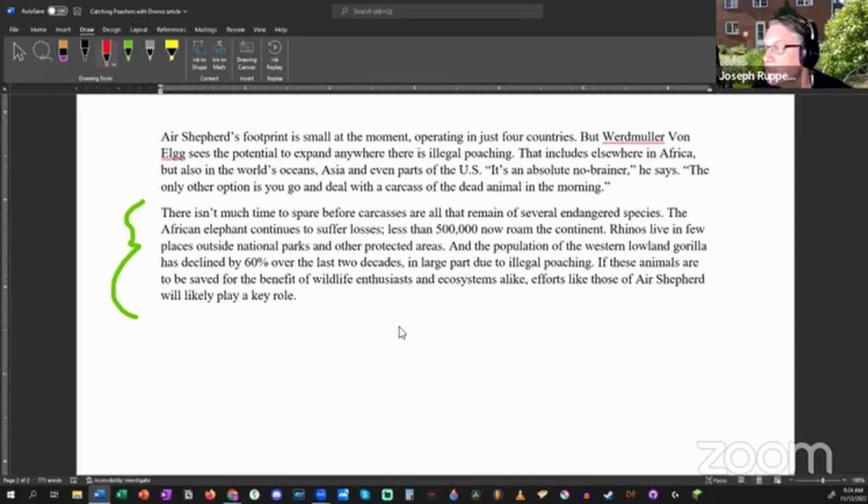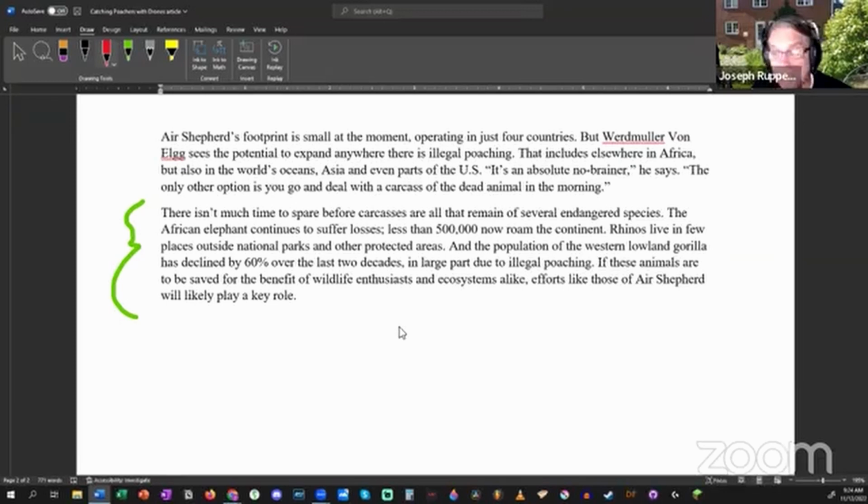And the population of the western lowland gorilla has declined by 60% over the last 2 decades, in large part due to illegal poaching. If these animals are to be saved for the benefit of wildlife enthusiasts and ecosystems alike, efforts like those of Air Shepherd will likely play a key role.